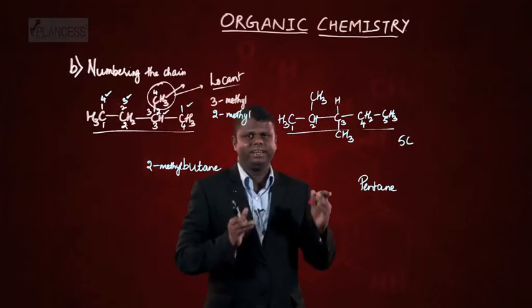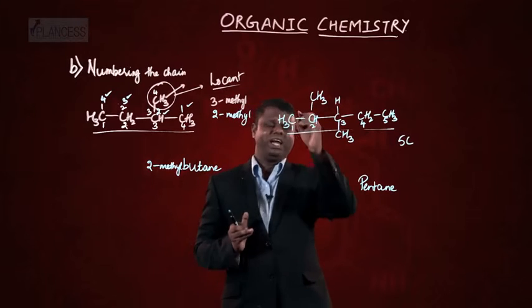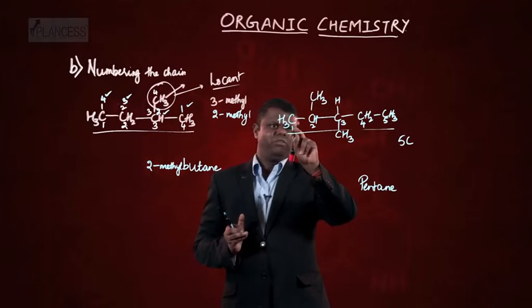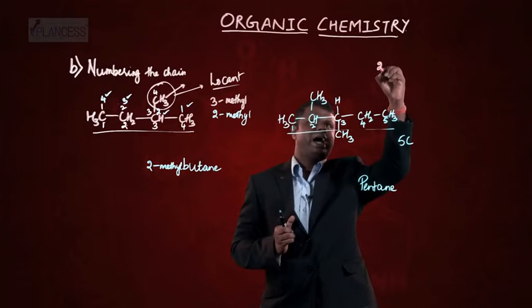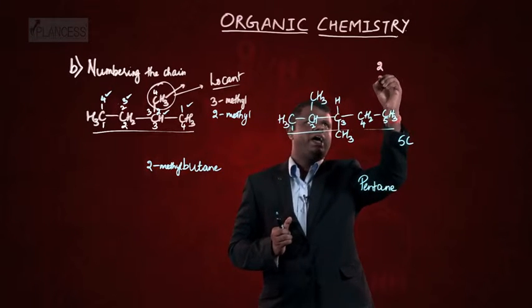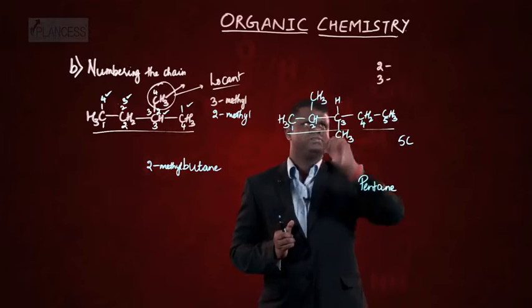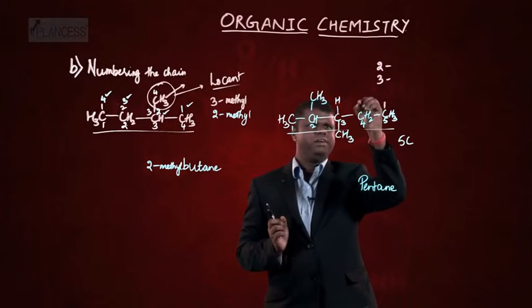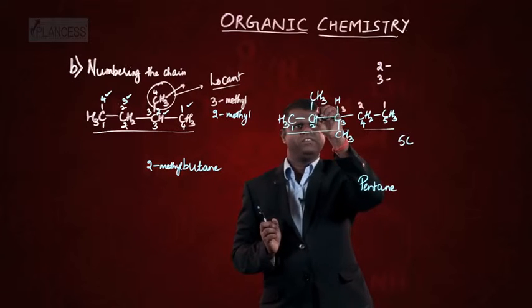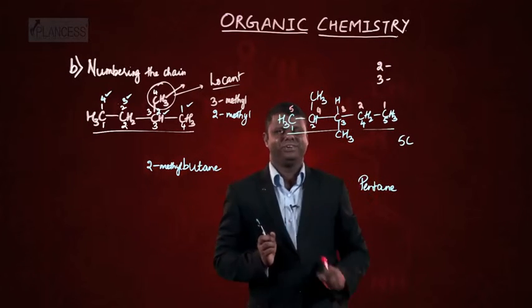From left to right and right to left, so I'll start from both ways. When I go from left to right, you have a methyl group at position 2 and at position 3. Now when you are going from right to left, 1, 2, 3, 4, 5.